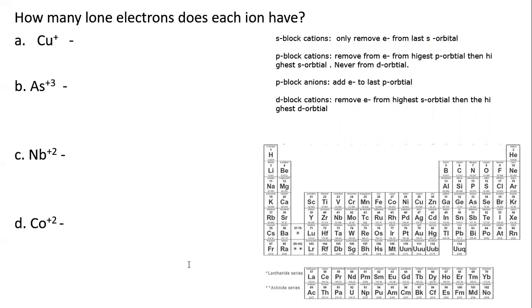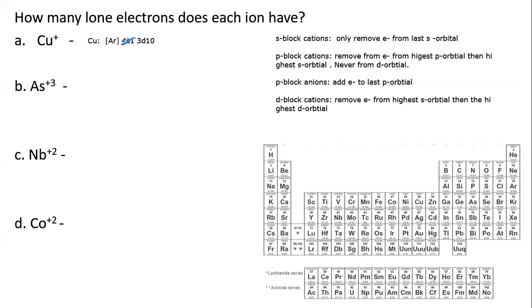So again, copper plus. First I like to write the electron configuration of copper. So that's going to be argon. Now remember, copper is an exception, so it's going to be 4s1 3d10, because remember, it's a half-filled s orbital and a full-filled d orbital. Let me specify this as copper here so no one gets confused. So if we want to make copper plus, that means we're going to remove from the s orbital first.